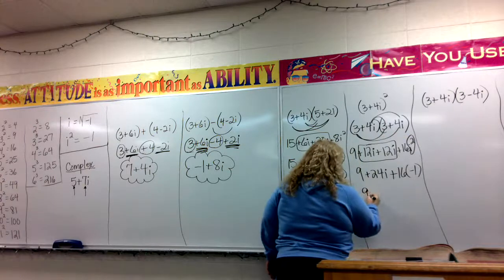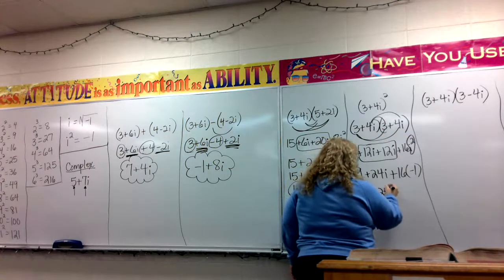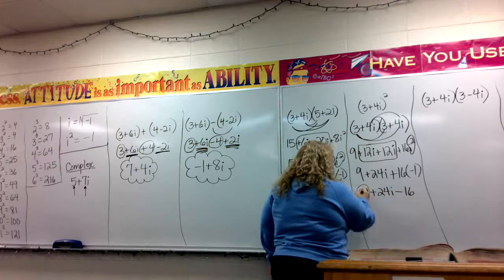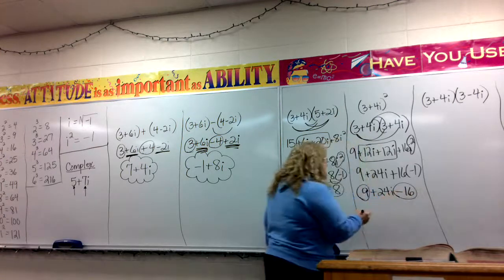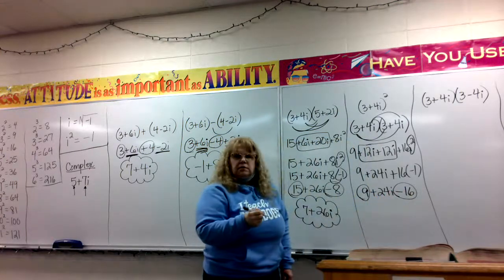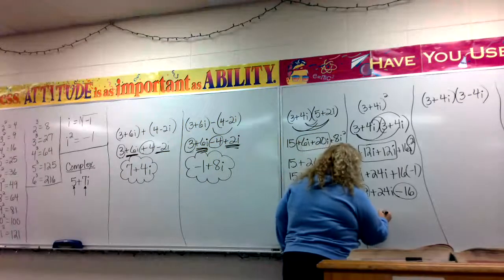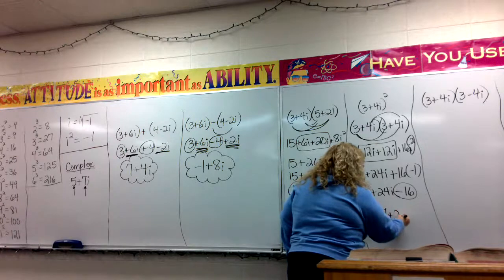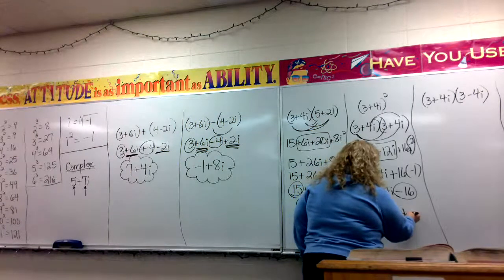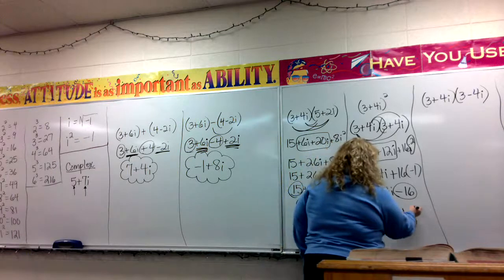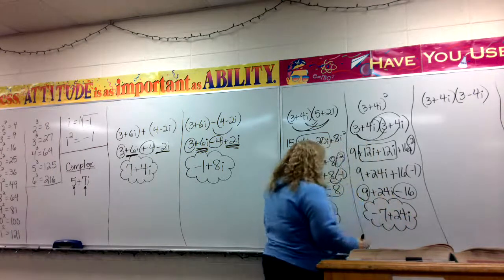So I have 9 plus 24i, take away 16. 9, take away 16, -7, and then I have the plus 24i. Does that make sense? FOIL it again.